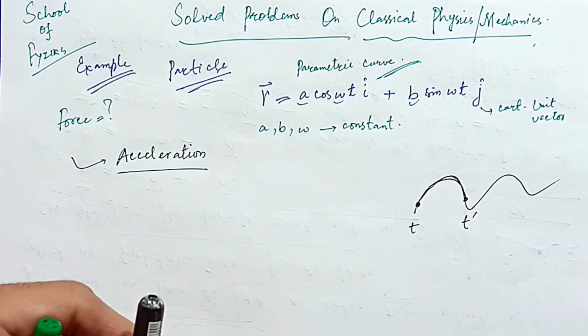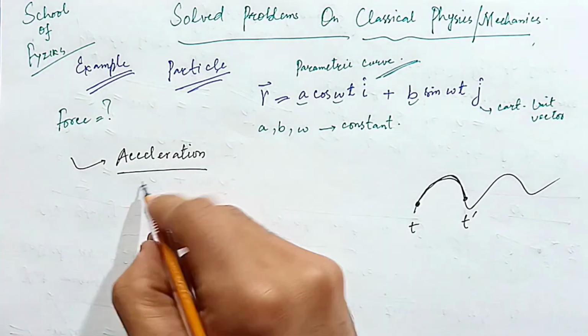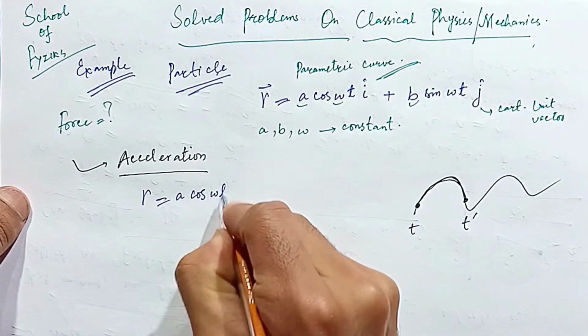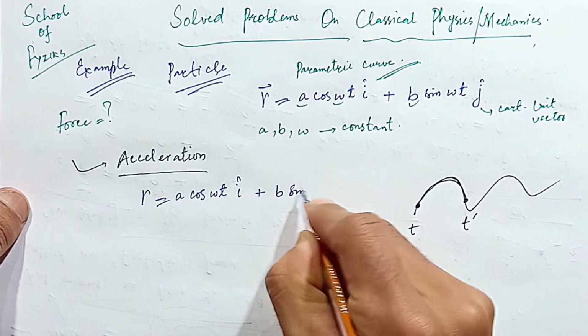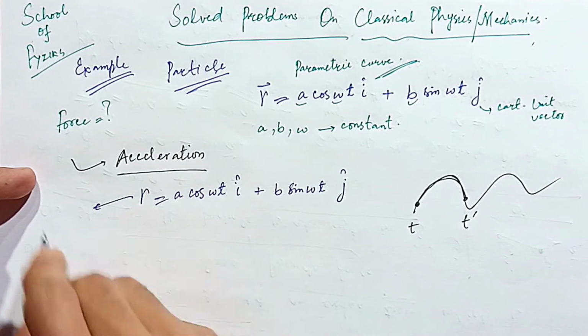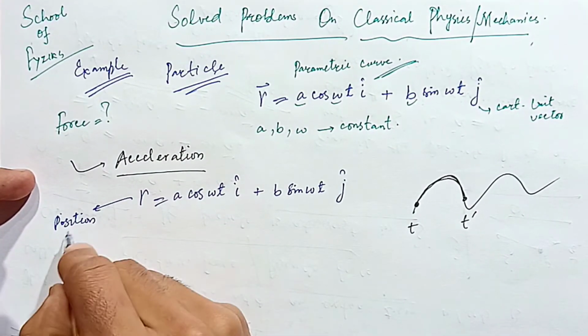So the position vector at any instant of time, R, is given by a cosine of omega t i plus b sine of omega t j. This is the position vector of that point particle along the parametric curve.